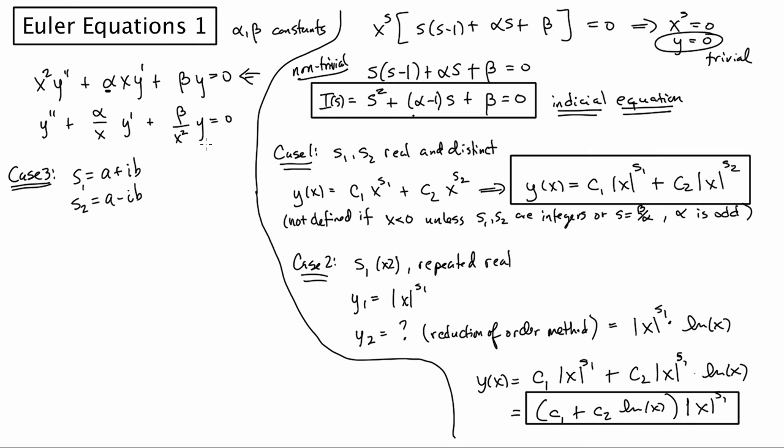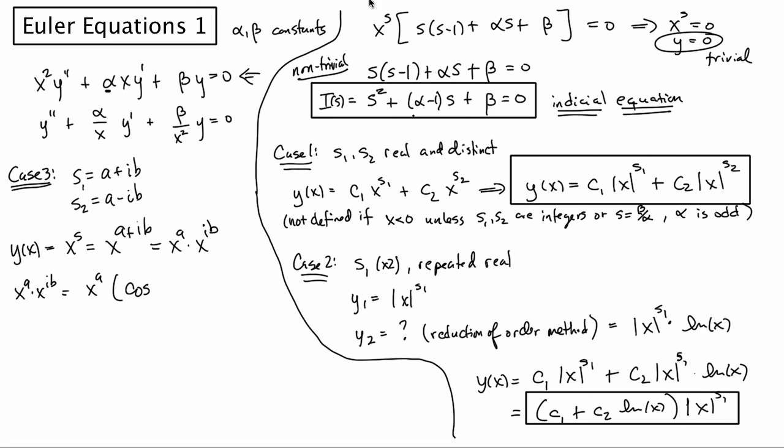Now, what you might think is that my solution y of x would be equal to x to the s, which is equal to x to the a plus ib, which is equal to x to the a times x to the ib.